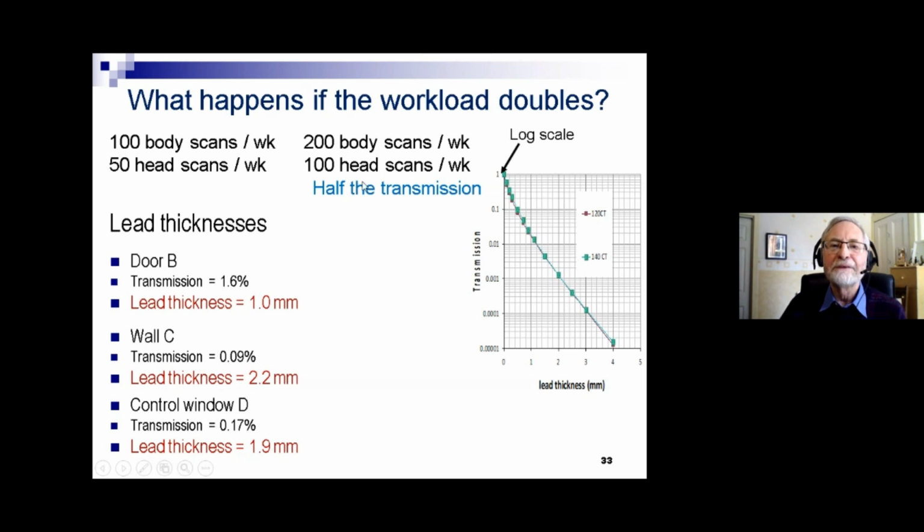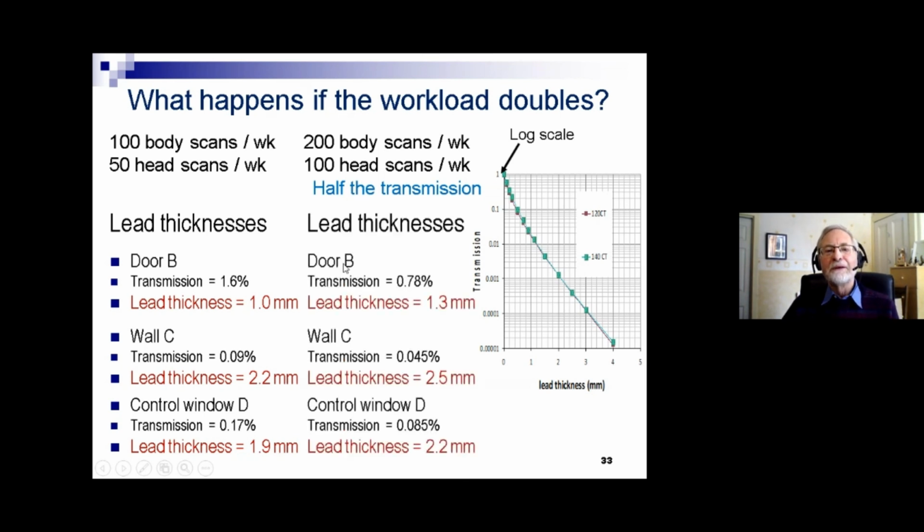So if we halve the transmission, these are the lead thicknesses that we require. It goes up from 1 millimeter to 1.3 for the door, 2.2 to 2.5 for wall C, 1.9 to 2.2 for the control window. So just adding a little bit more will take account of higher workloads.